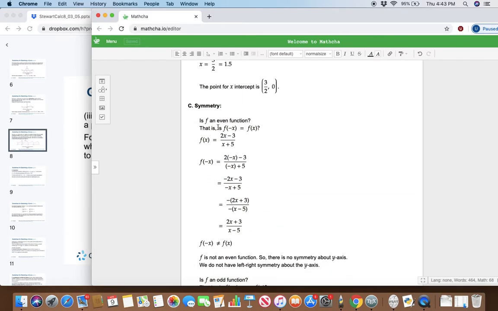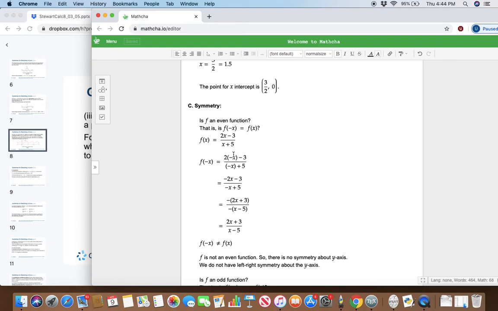To see whether f is an even function, you want to check whether f of negative x is the same as f of x. Now, f of x is (2x minus 3) over (x plus 5). F of negative x means you plug in negative x wherever you see x.